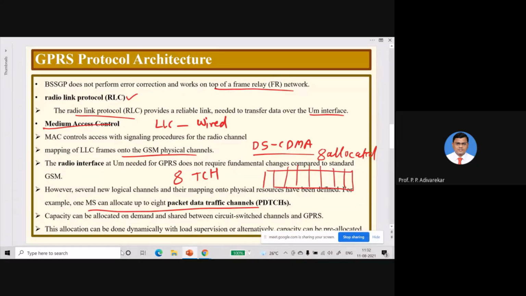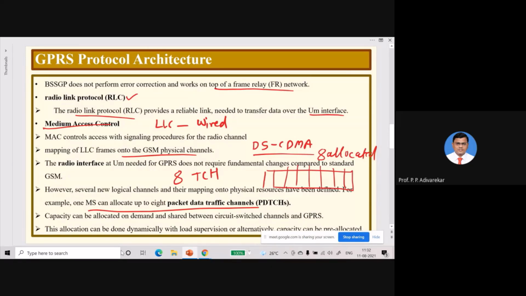But in UMTS, a single user can be allocated all 8 time slots, and that increases your data rate. That is how the data rate can be increased, apart from the use of DS-CDMA. So an MS can be allocated up to 8 packet data traffic channels in UMTS, whereas in GSM each user is allocated a single traffic channel.